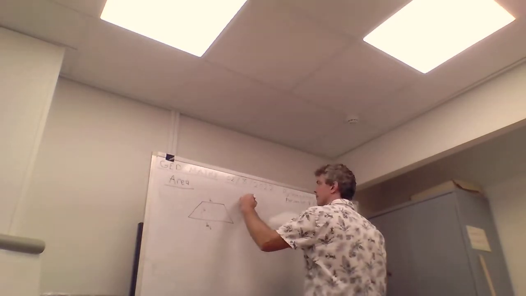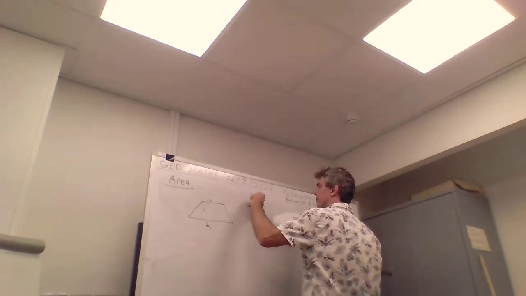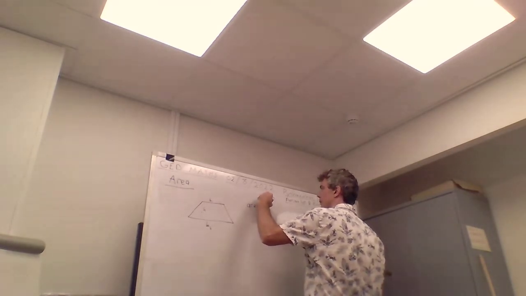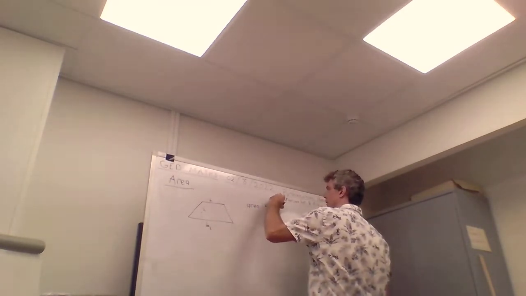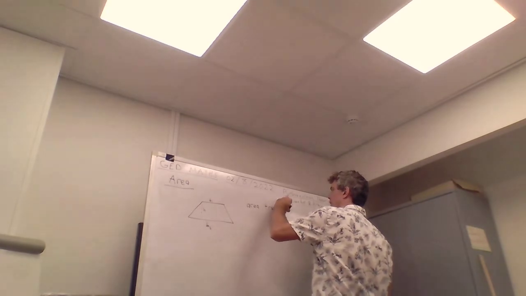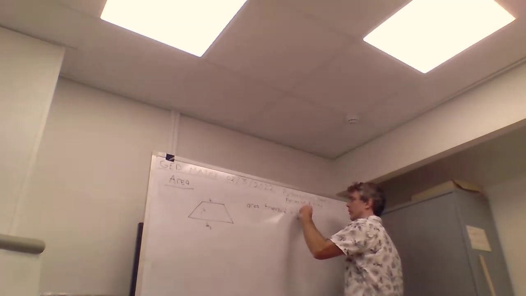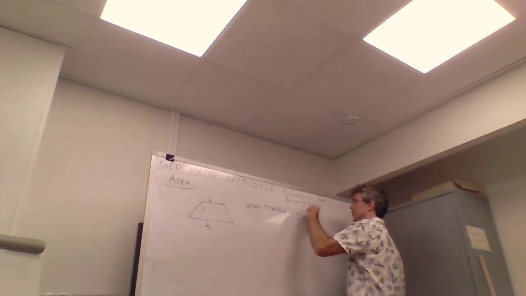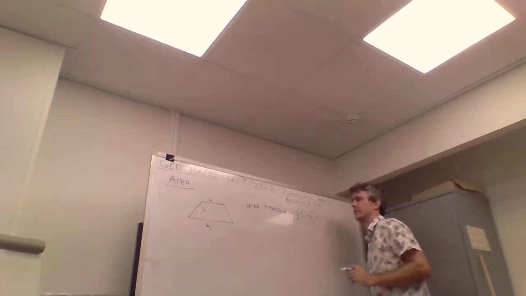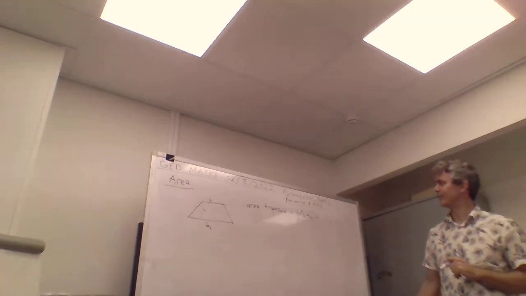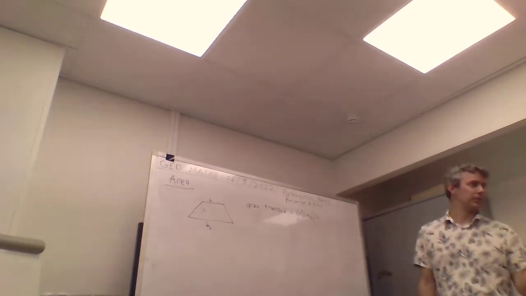And the area of a trapezoid is 1 over 2, base 1 plus base 2, times height. Alright. So that's our area, and I'm going to prove it to you.